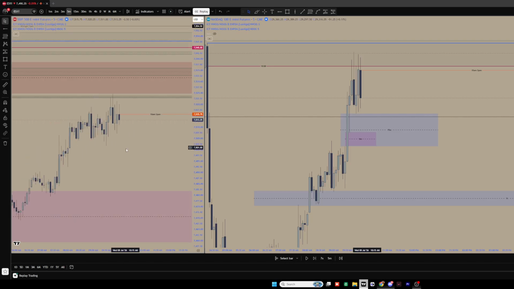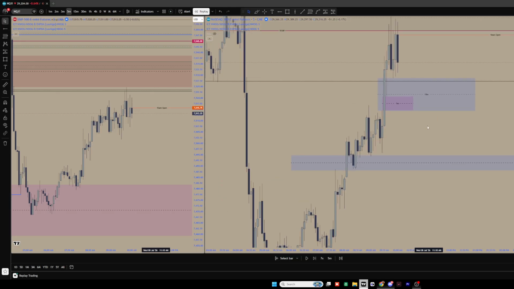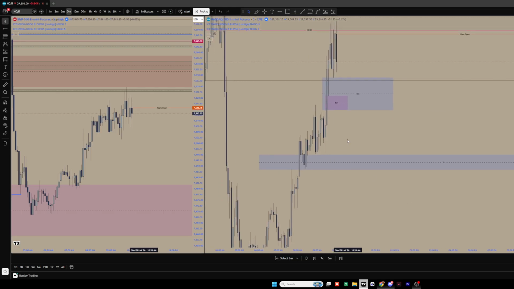I want to see these lows get swept here. And then we did have this 1 hour gap and we did have these lows, which didn't look great.